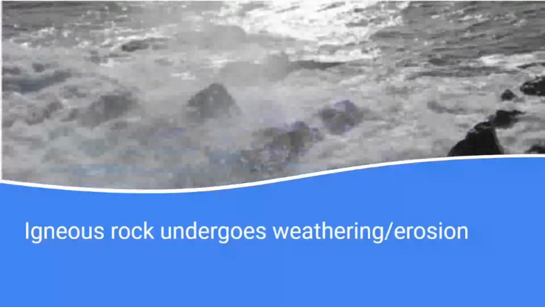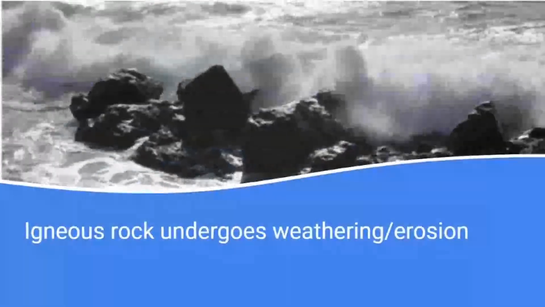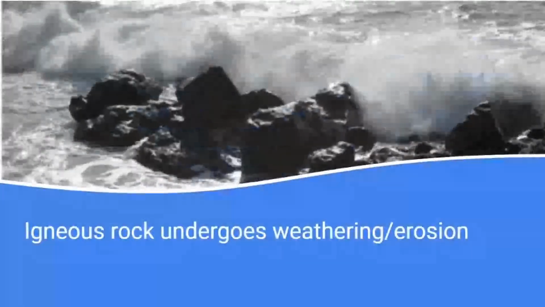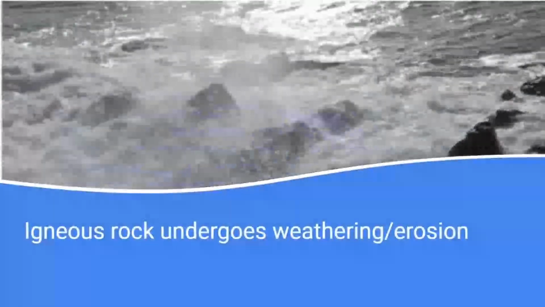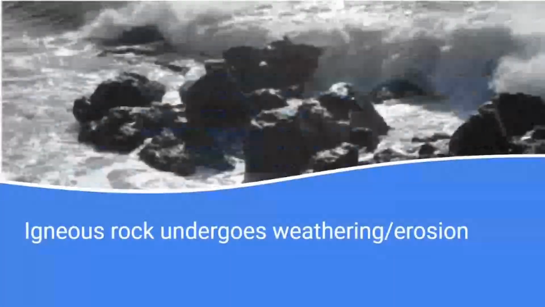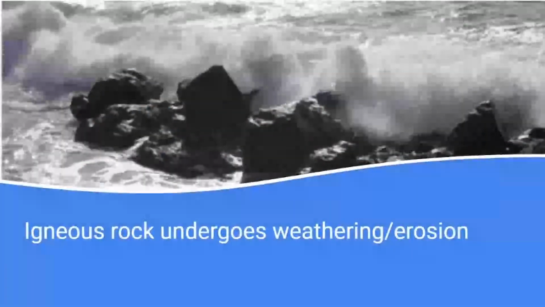So children, do you know what happens when these igneous rocks undergo the weathering process or erosion? Now when these extrusive igneous rocks undergo weathering and get eroded, that also causes the formation of sediments.